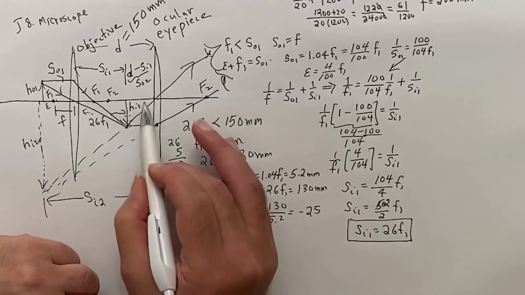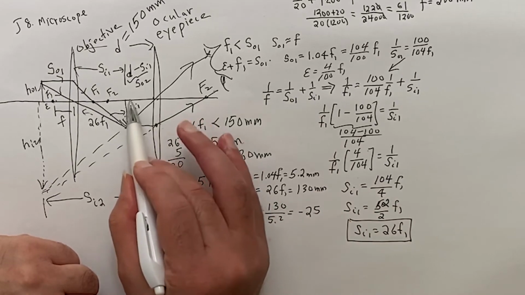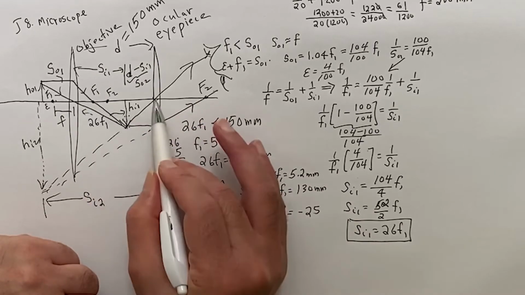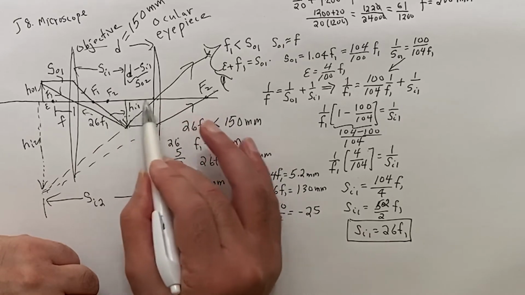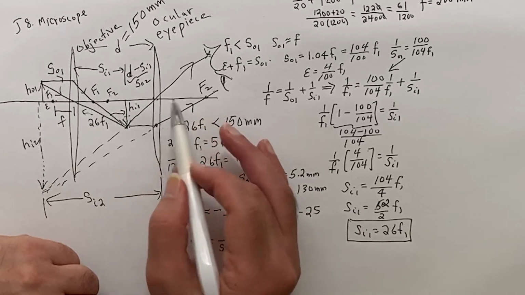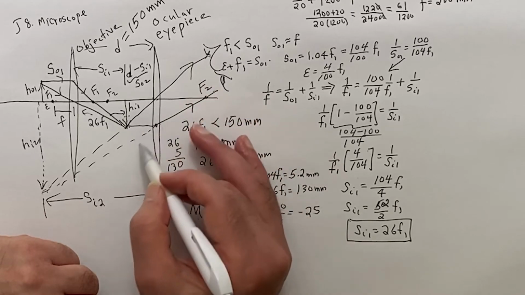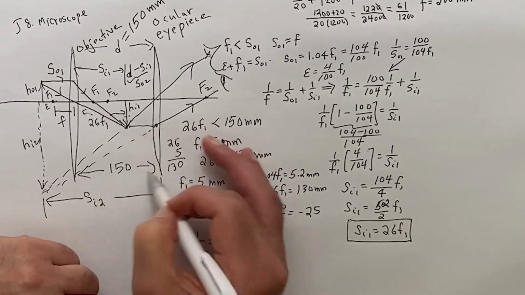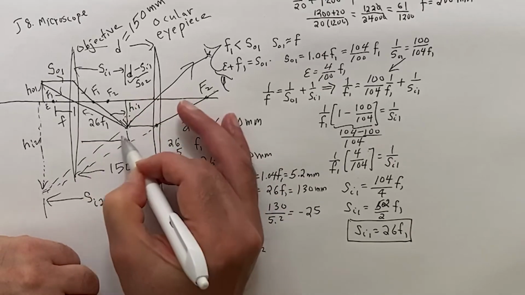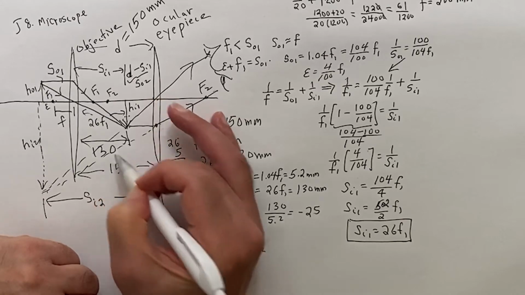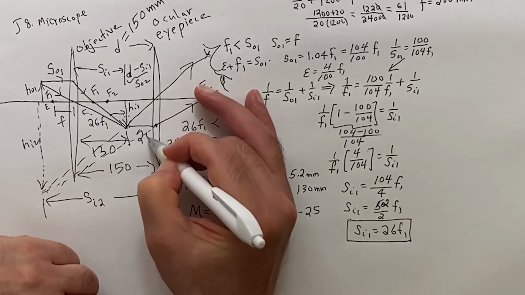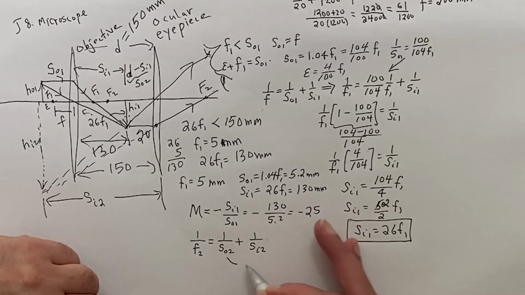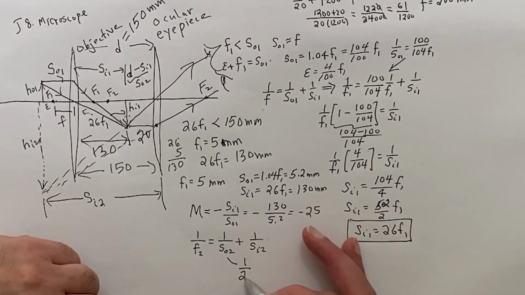Here I need to have this focal length to be bigger than this D minus SI1. Let's put some numbers in. We now know that this is your 150, and this is 130, so that means this little piece is 20. So this is going to be 1 over 20.